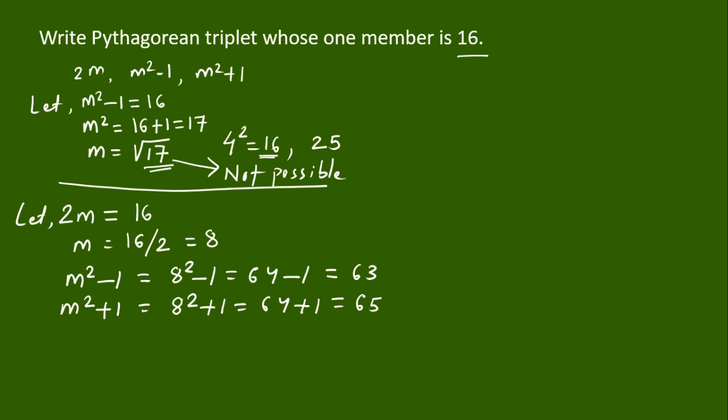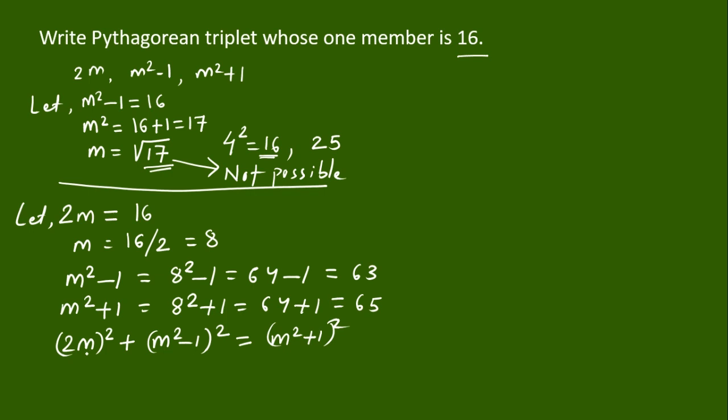Now we have to check whether (2m) square plus (m square minus 1) whole square is equal to (m square plus 1) whole square or not. We have to check whether this is holding good or not. So for that we have to put all these numbers.